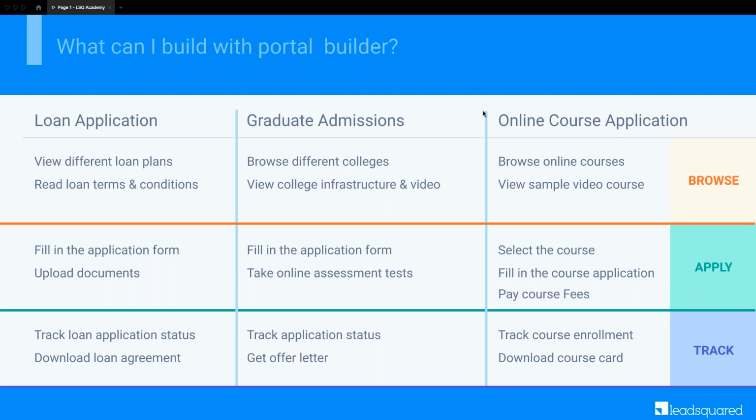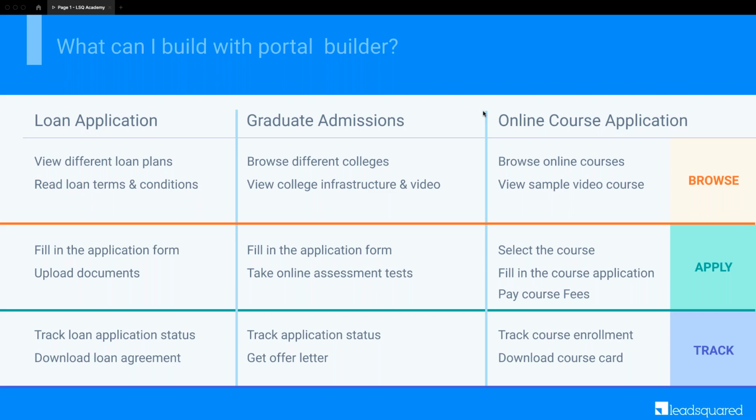Another case that you can quickly evaluate is online course application. A lot of edtechs can quickly start collecting online course applications right through their portal without investing in a lot of tech on their own, because they can immediately come to our portal builder and start using it to collect course applications.